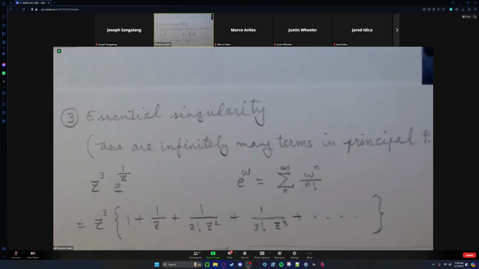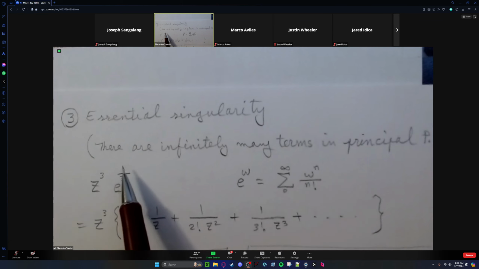Well, look, let's expand this. Of course, we will use a shortcut. We know that the Taylor series of e to the w, this function is an entire function, has this expansion.